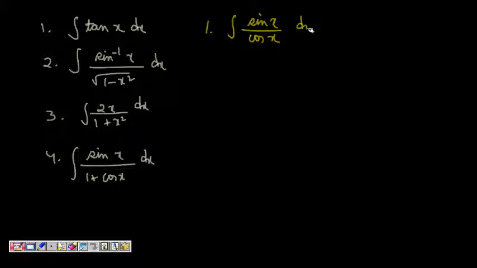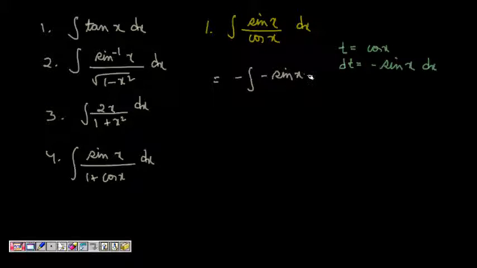Now if we take t = cos x, then dt is minus sin x dx. So we can write this as minus of minus sin x dx by cos x. This whole thing is now dt, so we can write this as minus dt by t, since cos x is t.